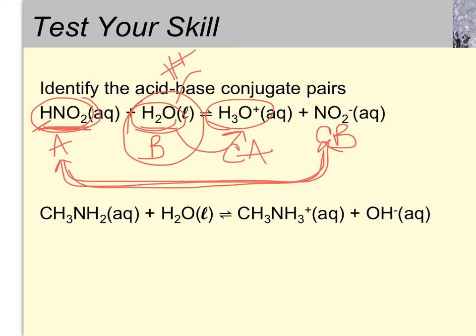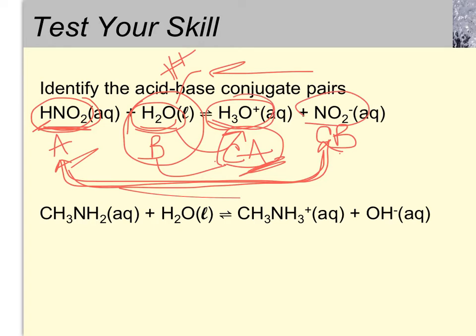I don't know if you have wondered why a base makes a conjugate acid and an acid makes a conjugate base. How does an acid become a base? Well, that is because if you think about this reaction in reverse, starting with the products as reactants, so starting with NO2 minus and H3O plus and going to the left, the H3O plus would be acting as the acid.